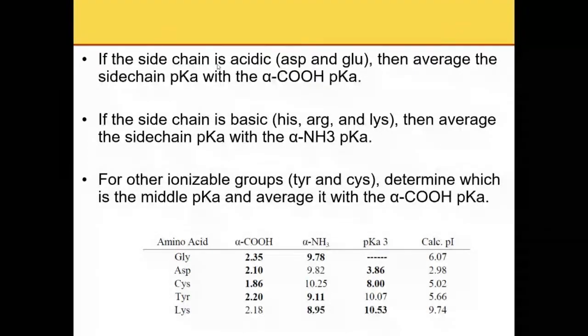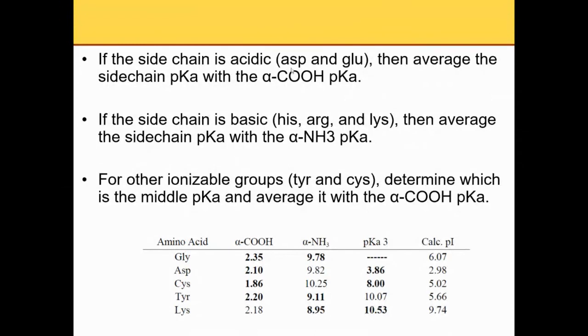If the side chain is acidic, you average the pKa with the carboxyl group. Now, as we just explained, for these three it is the side chain pKa and the amino group. And for ionizable tyrosine and cysteine, you determine the middle pKa and average with the carboxyl group.